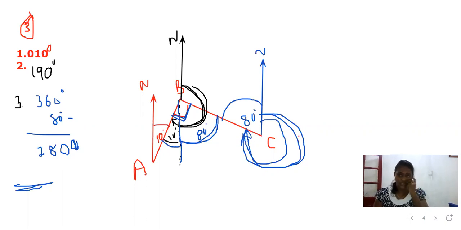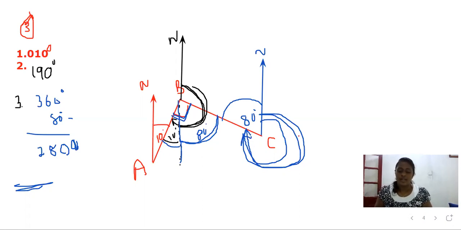Now, only the fourth question I will leave for homework. You can do that. Up to this much I have done now, so I hope with this knowledge you can all continue the remaining questions. Only do the fourth one for homework.